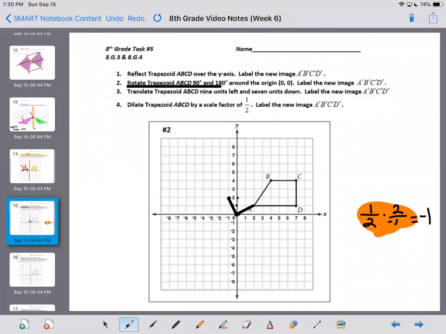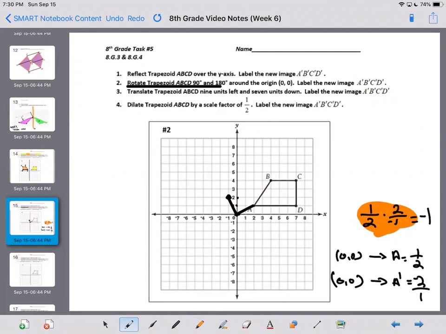So again, the slope from 0, 0 to A was 1/2. Well, from 0, 0 to A prime, it's got to be -2 to 1. So that creates point A prime here.